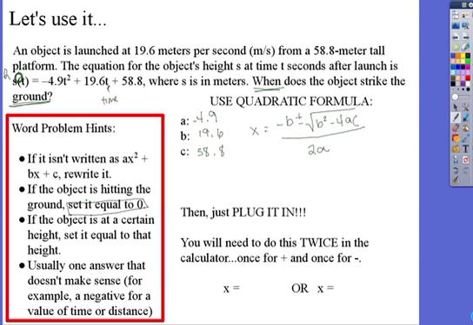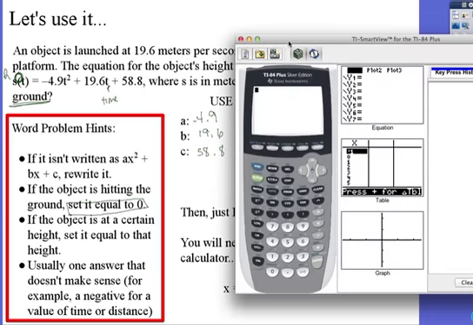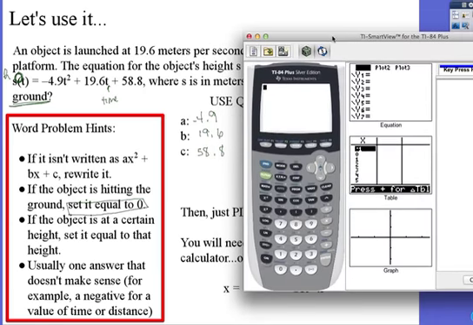So let me show you what that would look like on your calculator. I think the easiest way to do this is to set up a fraction bar on the calculator. To do that, you hit alpha or the green button and then y equals. Then it gives you the option to do n over d, numerator over denominator, so you just click enter.